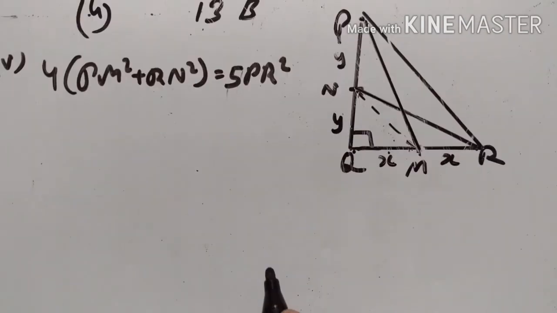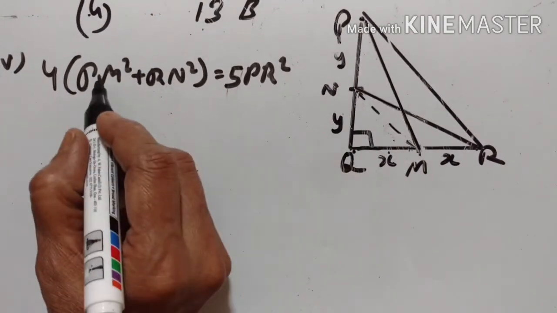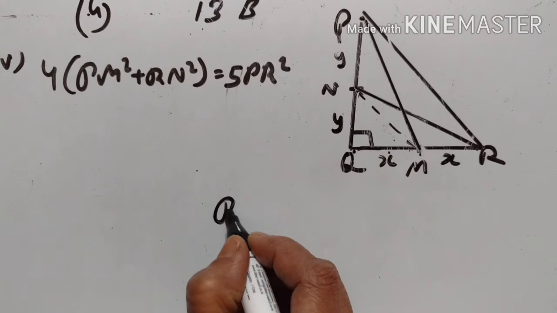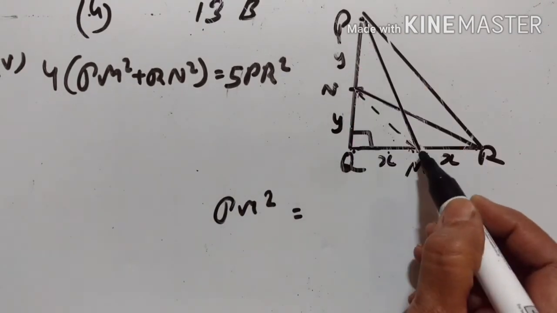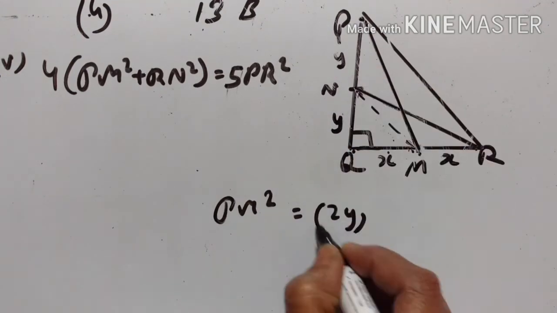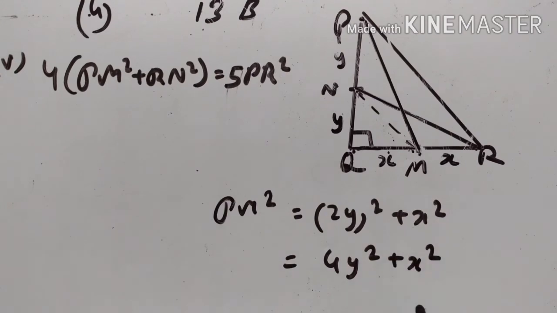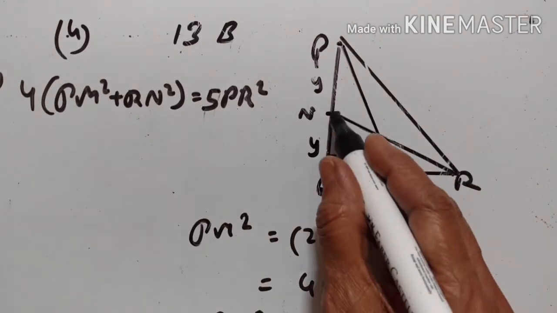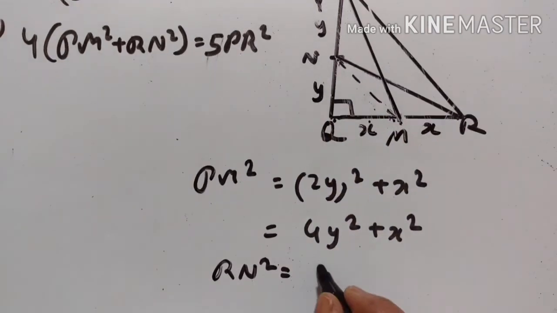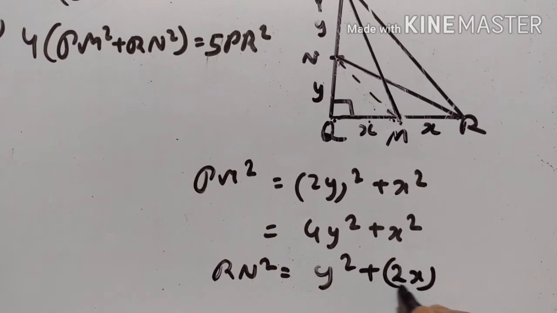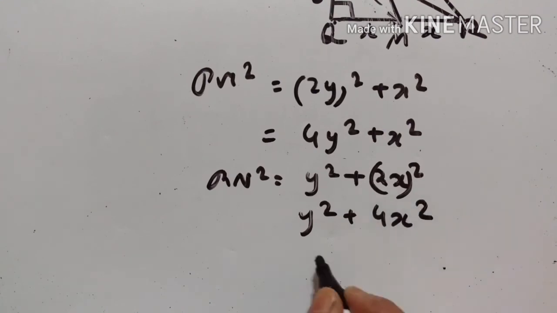Proved. Next we have to prove that 4 into PM square plus RN square is equal to 5PR square. What is PM square? PM square is equal to PQ square plus QM square. So 2y square plus x square is equal to 4y square plus x square. RN square is equal to NQ square plus QR square, y square plus 2x square, which is equal to y square plus 4x square.